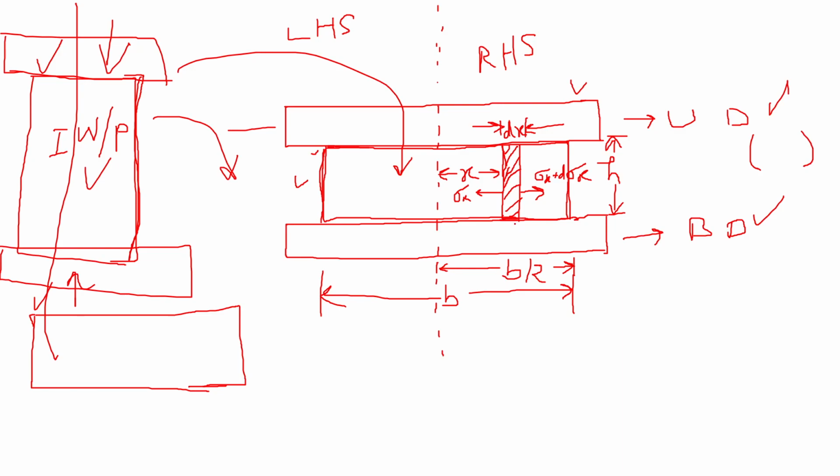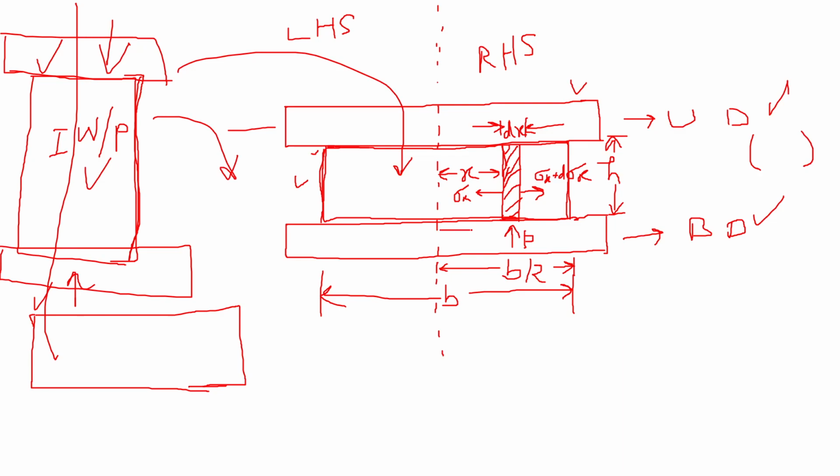Then when we consider the contact point of your slab with your lower die, what will be the pressure? What will be the force? There will be a pressure P acting on this slab, and because your material is flowing to the right hand side, this is the flow direction of material.